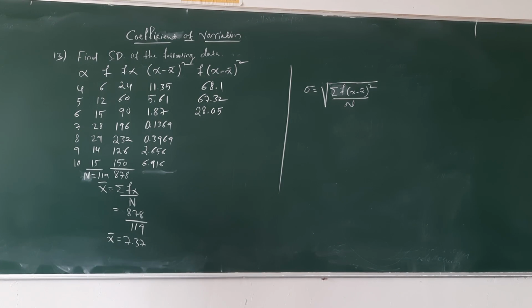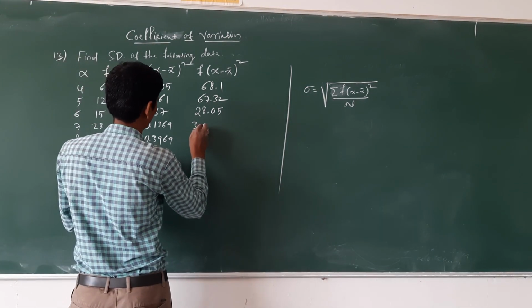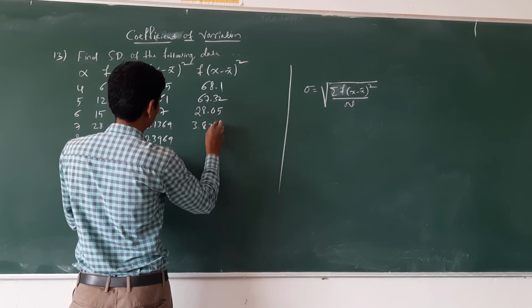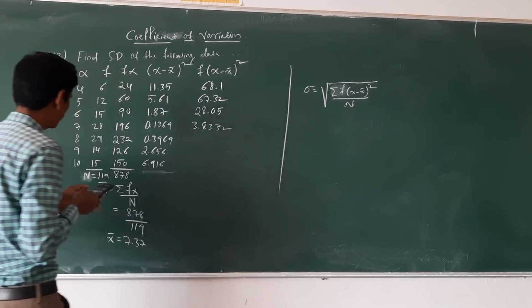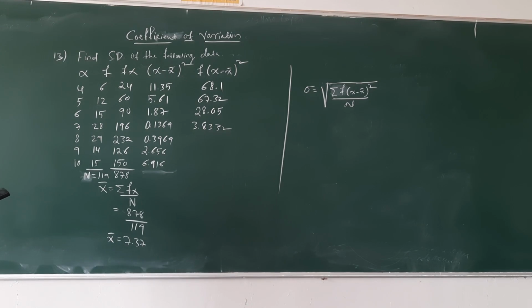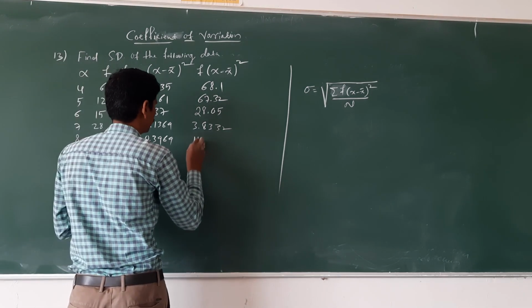The next, 28 into 0.1369 is 3.8332. The next, 29 into 0.3969 is 11.5101.